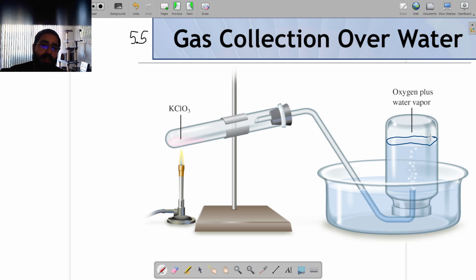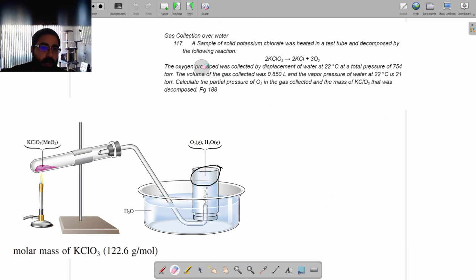Any liquid has particles that break off of its surface. Imagine the liquid as all these particles floating around next to each other, and some of them eventually get enough kinetic energy to leave, and those create the water vapor. So we have a mixture of gases. We know the pressure of the mixture, so we have to use Dalton's law to solve this problem. Let's check out what that looks like.